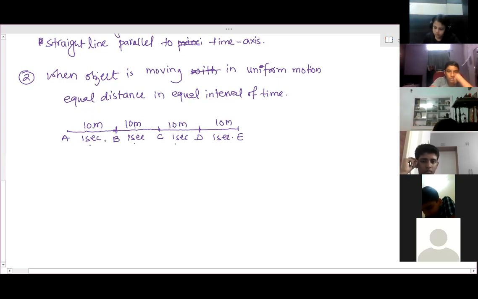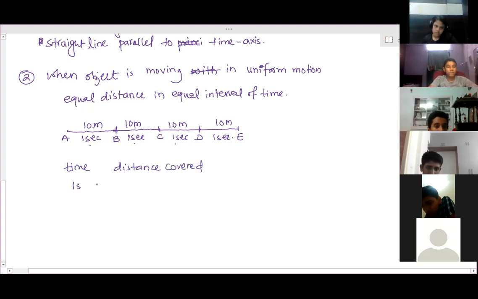Now we have to plot this motion on a graph, with distance covered and time. In 1 second, how much distance covered? 10 meters. In 2 seconds, 20 meters.